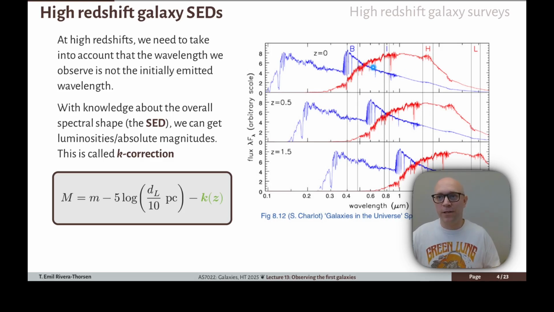But there is no filter here. So we need to translate this into a filter we know here or here. And in order to do that, we need to have an idea about what kind of galaxy we're looking at, right? Because the translation from here to here is not the same translation as the translation from here to here in the blue one.